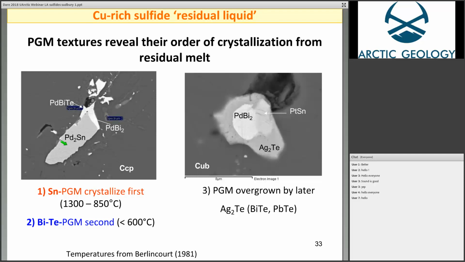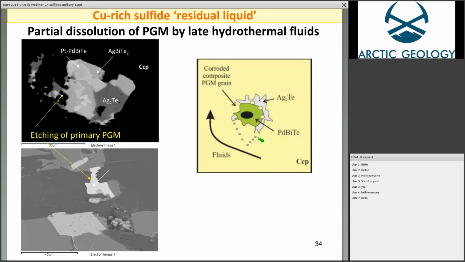That was based on textural associations, that commonly we would see the tin minerals, such as palladium tin here, crystallizing first, and this is backed up by experiments showing they crystallize at higher temperature. They were overgrown by the later forming bismuth tellurides, as you can see here, and then those were overgrown by the silver telluride. So the textural association, what overgrows what, combined with experiments proving their melting points, was able to help support this model.